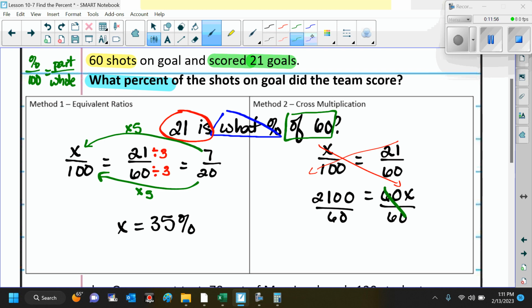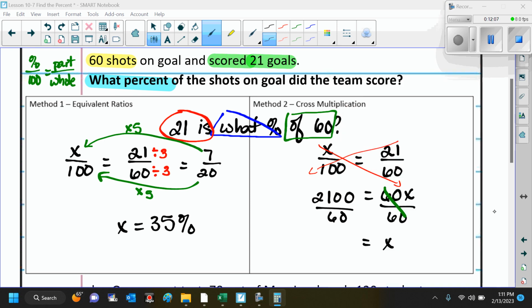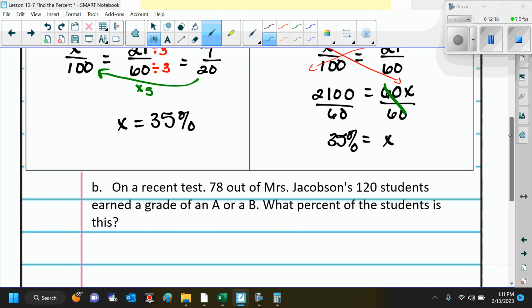Those 60s cancel. And x is equal to 2100 divided by 60. That gives us 35. So this again gives us 35%. So you can see either method is going to get you to the same answer.